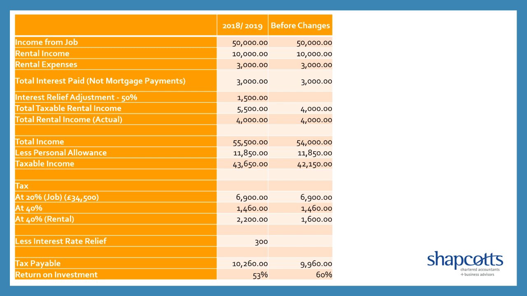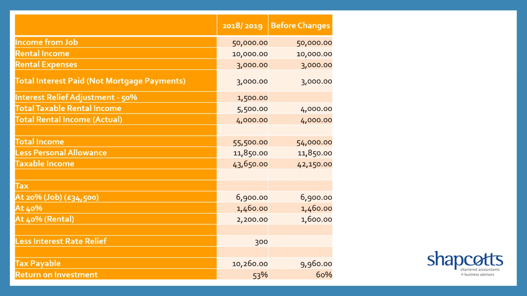So in this one, again, we've just got 4,000 rental income. So before the changes, the total income would have been 54,000. Take off our personal allowance, give us our taxable income. So then we can see that part of it's taxed at 20%, the rest at 40%, and the rental income now at 40%. So historically, our tax bill would have been 9,960.